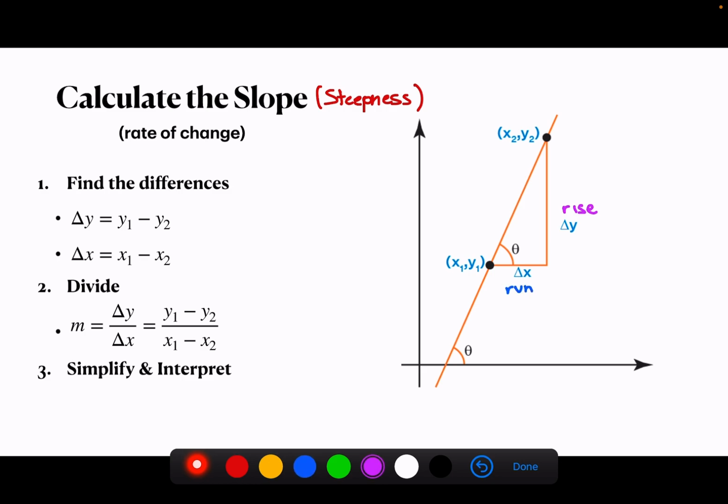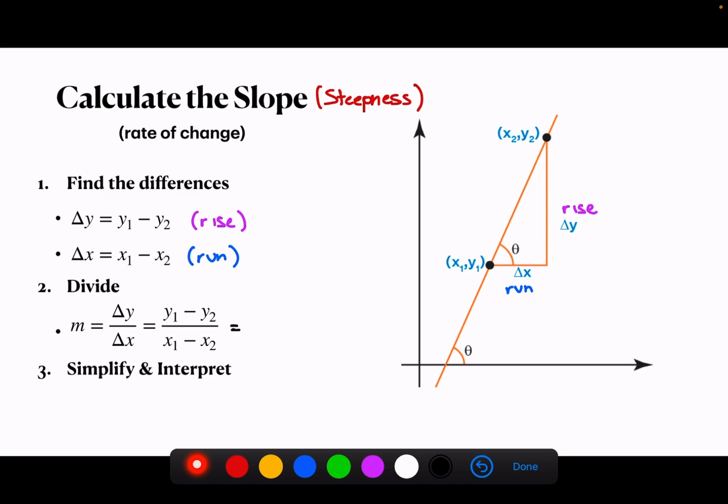And if I were to map it over here, this would be our rise. It's a change in y. And this would be our run. And when we actually calculate the slope, we are taking our rise, our change in y, and we're dividing it by our change in x, or our run.